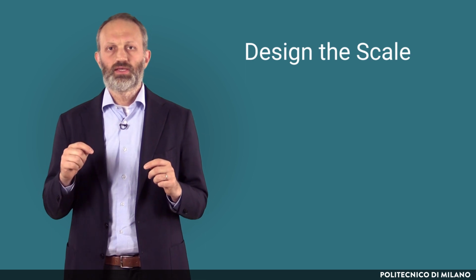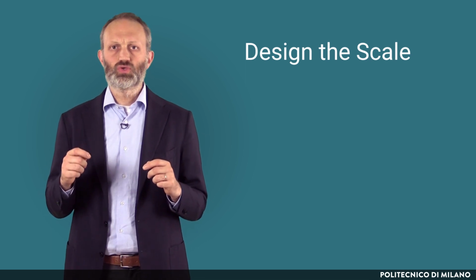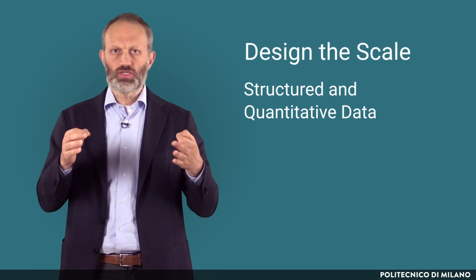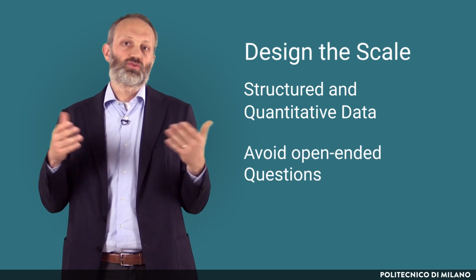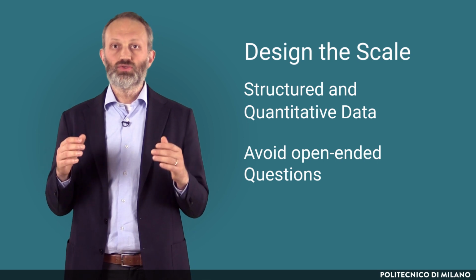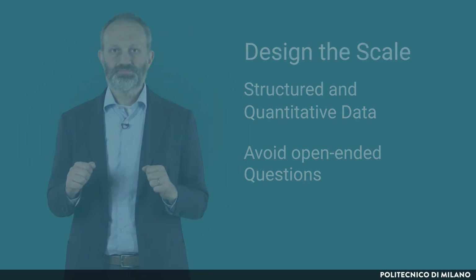Besides formulating the question, it is critical also to design the scale to collect the answer. Survey questionnaires are usually aimed to collect structured and quantitative data. Therefore, we should avoid open-ended questions. Rather, we need to use close-ended ones. There are 4 different types of scales to choose from.